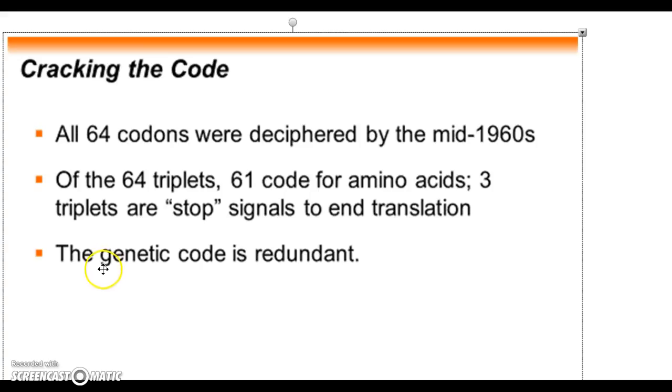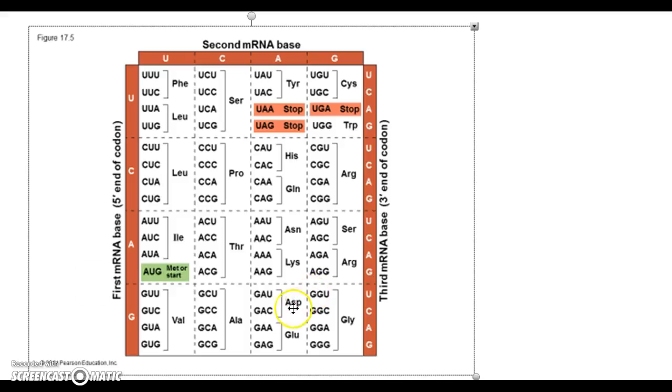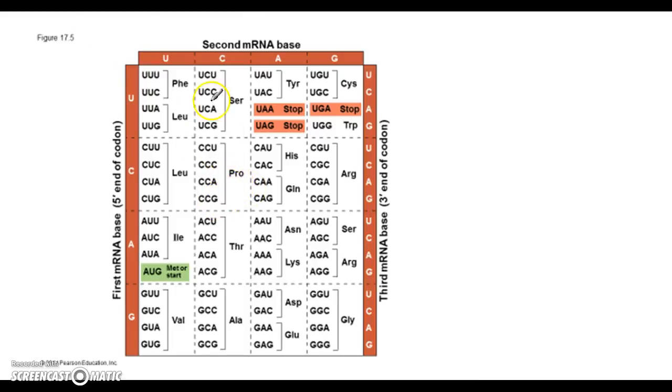So again, we've known about this genetic code really since the 1960s. If I show you a picture of what that genetic code looks like, you can see there's a lot of redundancies in the code. For example, if one individual has CCU for their codon, somebody else could have CCC, I could have CCA, your neighbor could have CCG, but it's still going to code for the same amino acid, which is proline, or pro.